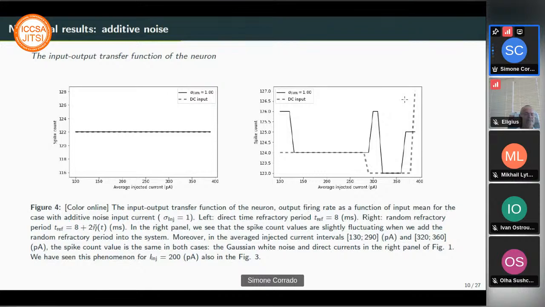In the dashed line, you see DC input, and in the solid line, you see effectively the input that accounts for this additive noise. And there are two average injected current intervals, actually, for the random case, where the spike counts are the same in both situations.